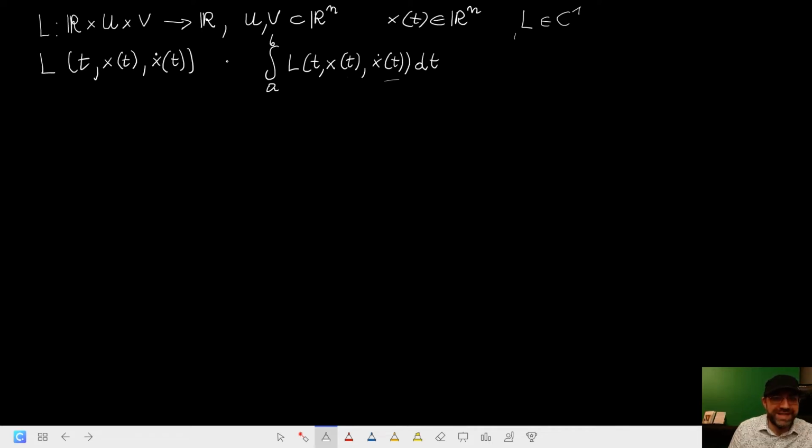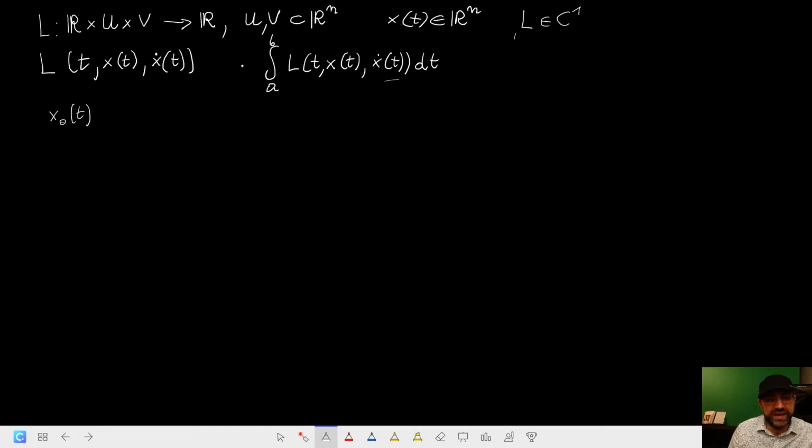Let's just take some letter to denote this integral from x0, because x0 will be our trajectory, which is extremizing this integral.